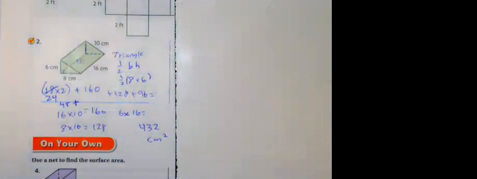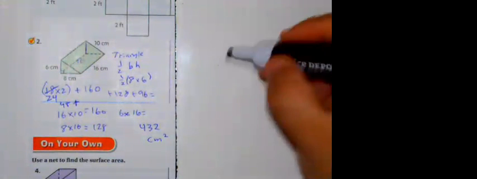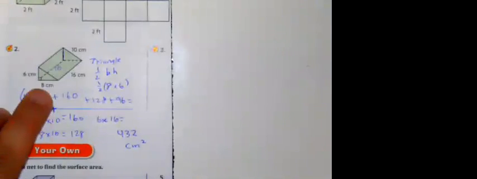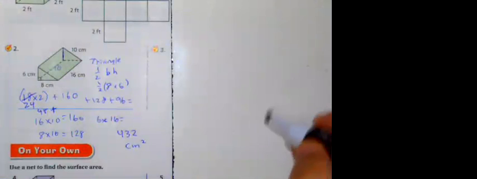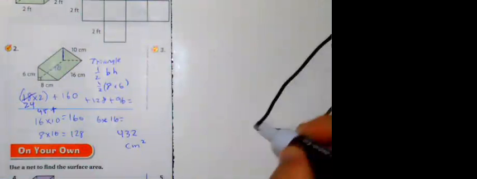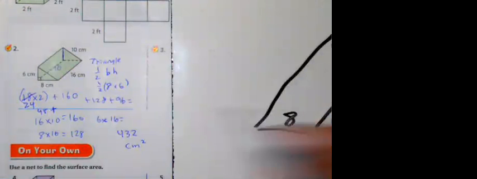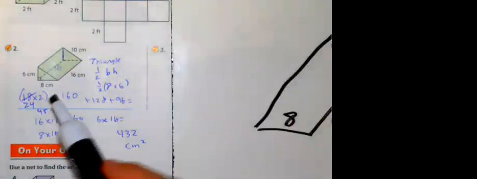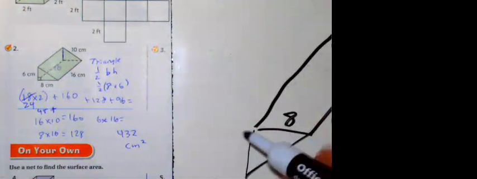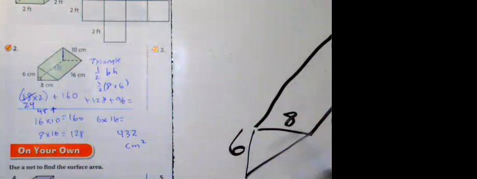Okay. So let's find a base. I'm going to use the 8 by 16 as our base. So here's our 8 by 16. And let's fold back this triangle. If I fold back this triangle, I still get a 6, and I still have an 8.